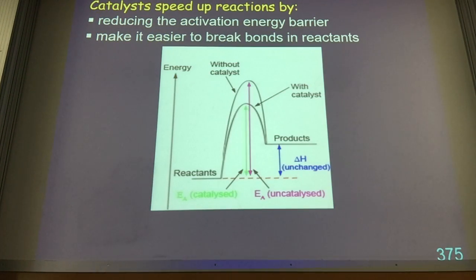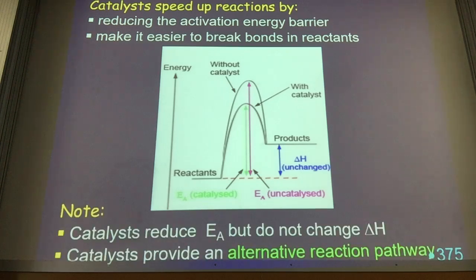So what do catalysts do? Well, they provide a different way to get from the reactants to the products that has a lower activation energy. So they reduce the activation energy because it's easier to break the bonds. Now note that they reduce the activation energy, they reduce the height of that initial hill, but they don't change the final level.